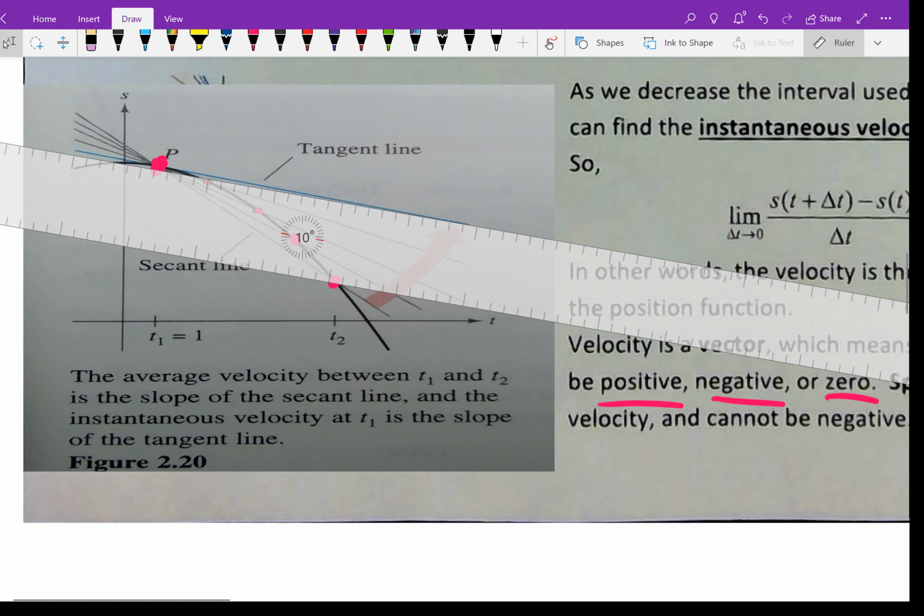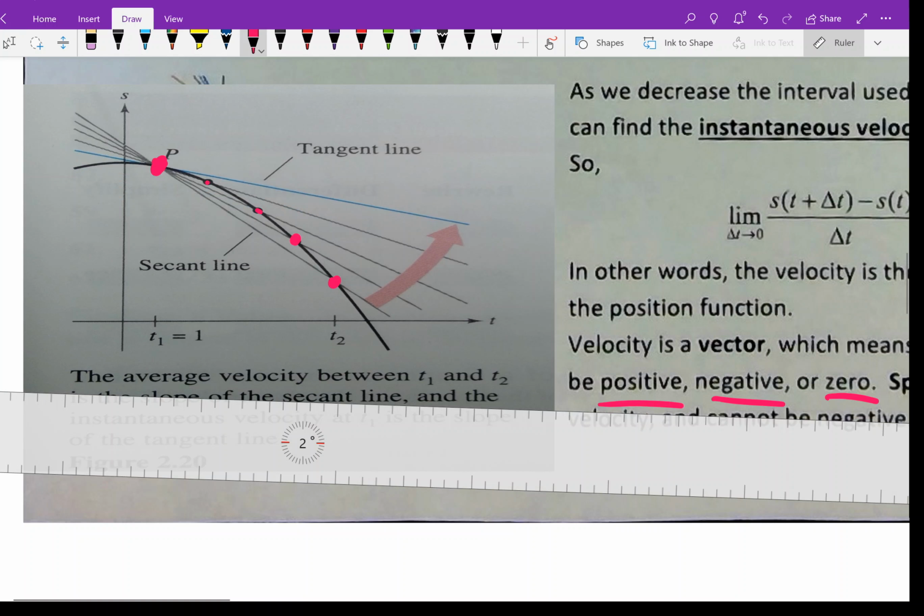The smaller and smaller I make that interval, it becomes my tangent line. The intervals I'm talking about are like from here, from here, from here, and from here. As that interval gets smaller, it keeps getting closer and closer to my tangent line, eventually becoming my tangent line.